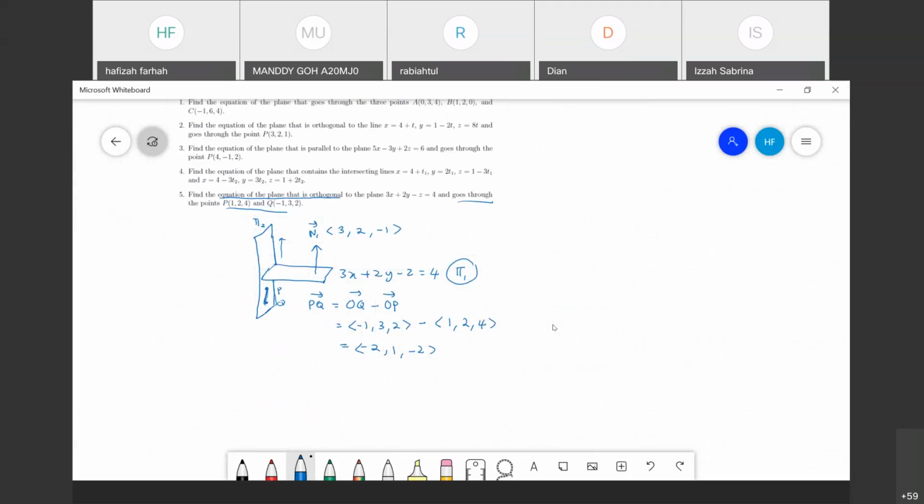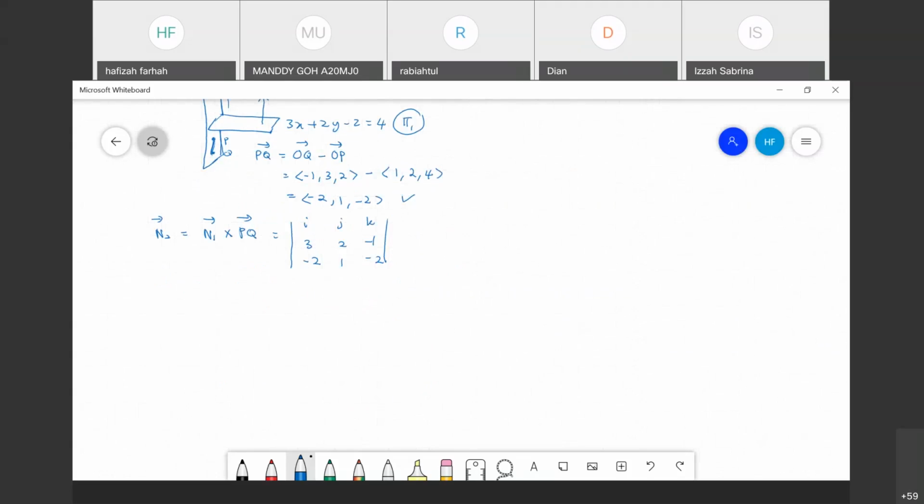So now we have two vectors. From here we can find another vector that is orthogonal to pi 2 using these two vectors, by using the cross product n1 cross PQ, so we will have the vector n2. n1 is (3, 2, -1), and our PQ is (-2, 1, -2).